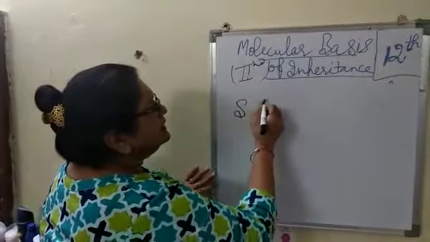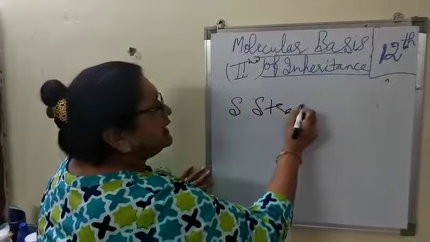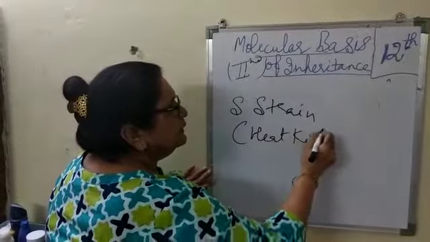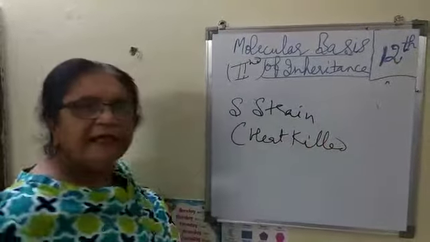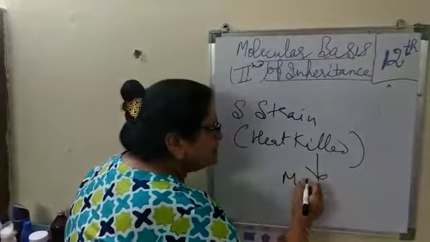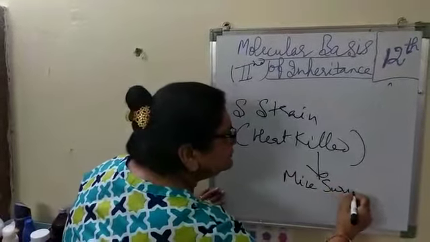Then third is the S strain but heat-killed. When he injected heat-killed S strain, the mice survived.